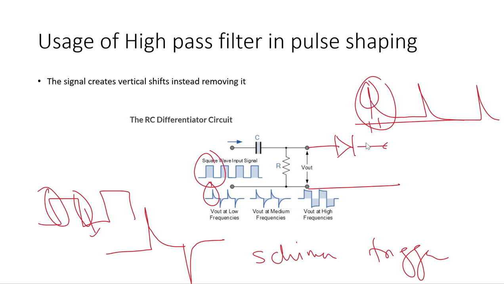What will we use? We will take the output from this point. So at this point this will be something like this. So some of the frequencies are removed, some are not removed. So this is it for the high pass filter, that we can use it for cutting this second edge or reducing this second edge.